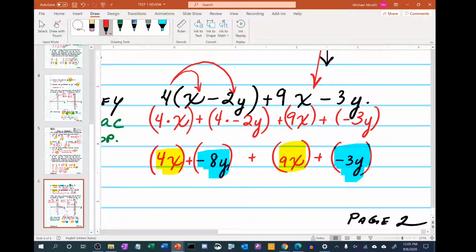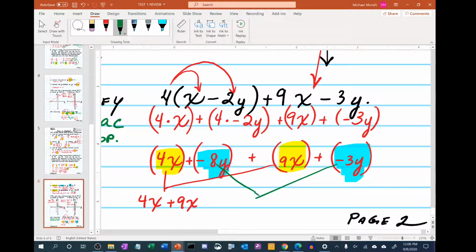So what we'll do is combine these together. We have 4x plus 9x. And then I can combine these two together. I have negative 8y minus 3y. These are like terms, and they're added together.